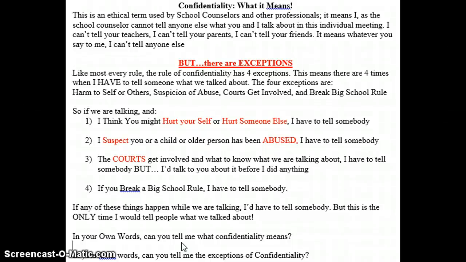In high school, if there's drug, alcohol issues, if there's weapons, if there's pregnancy, those are times when you're going to have to tell somebody. And those are also instances where you could make the argument that you are afraid the student will hurt themselves or hurt someone else. And so that might be an example of a big school rule that you would have to talk to somebody about.